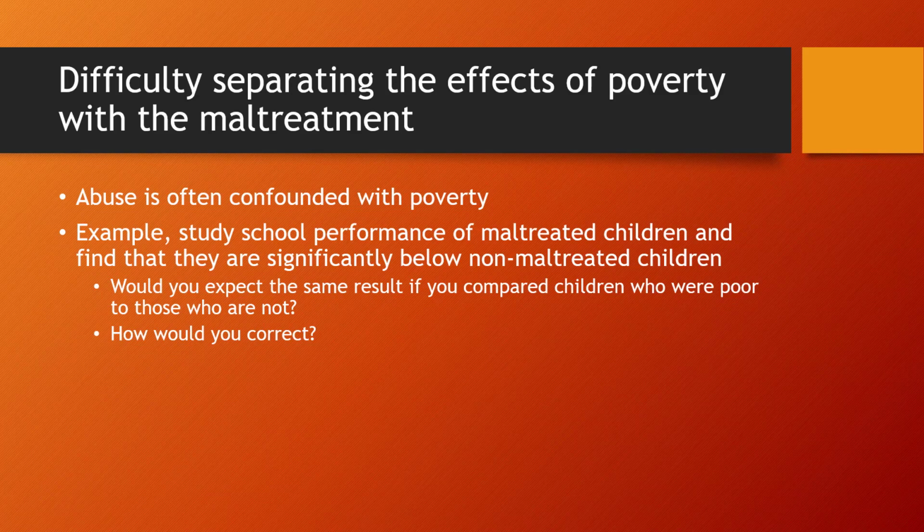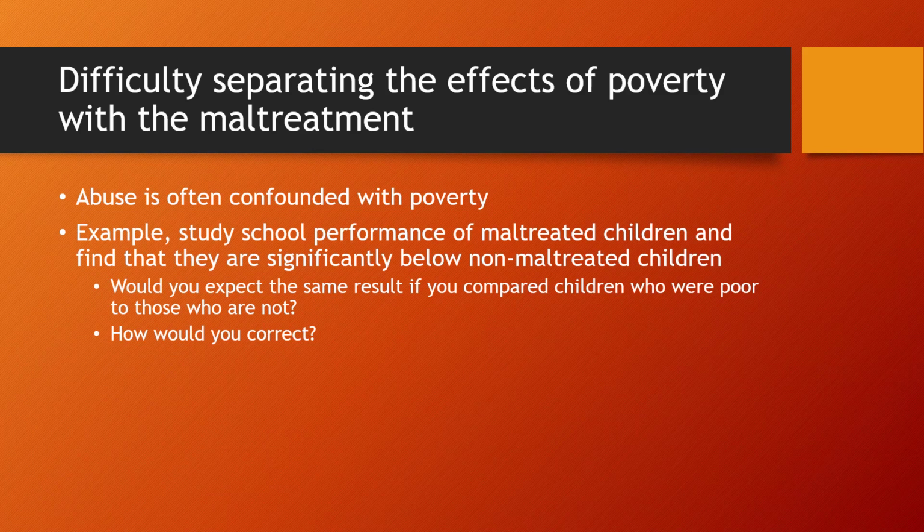Well, there are two ways that people try to deal with this, and that's what I want you to look for in your articles. One way is to get a comparison group, your non-maltreated children, and try to match them on socioeconomic status to the maltreated children. So you're making sure that if your maltreated children are poor, your non-maltreated children are poor. The other way is to control it statistically.